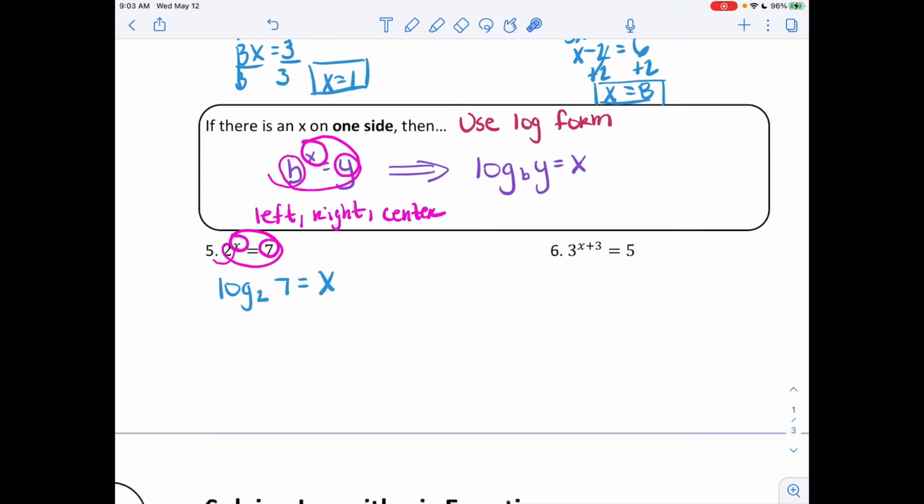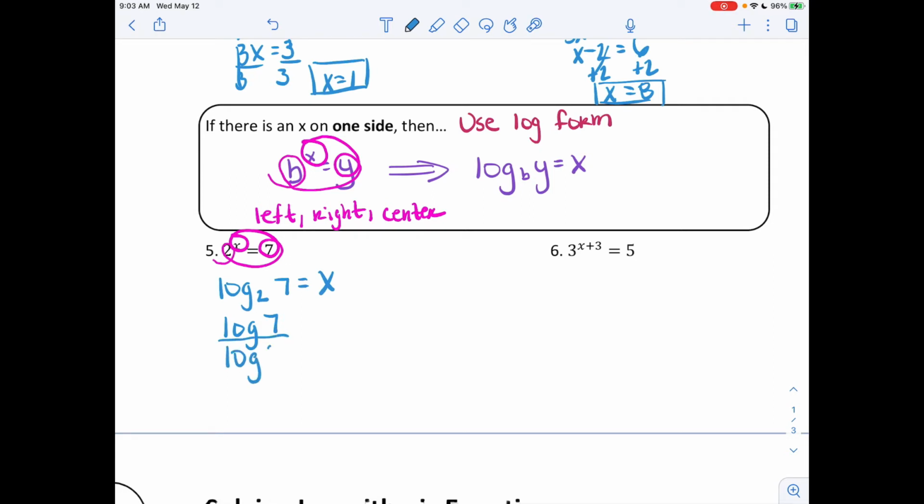In order to solve this, remember that we can't just directly put a log base 2 into our calculator, but what we can do is use the change of base formula that we learned in the last lesson. And so our change of base formula says that we can rewrite this as log of 7. Remember, the bigger number goes on top and the base stays in the basement.